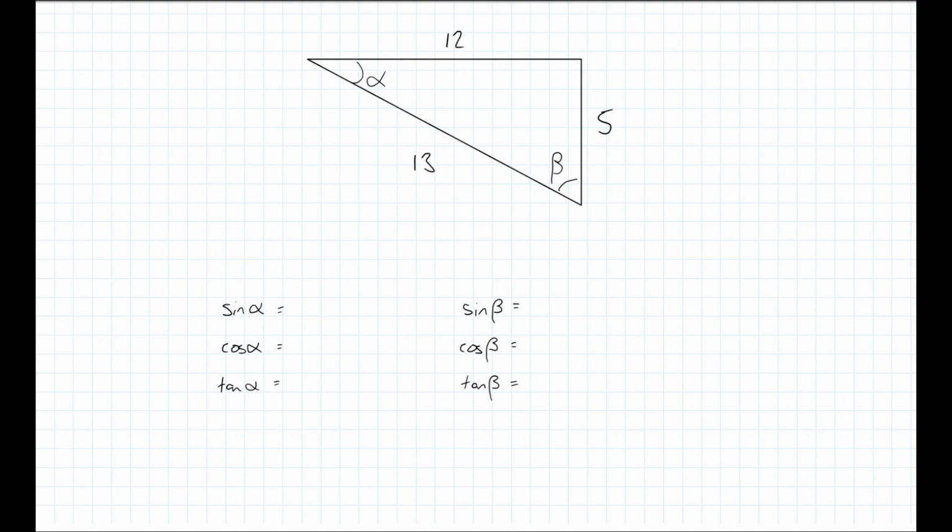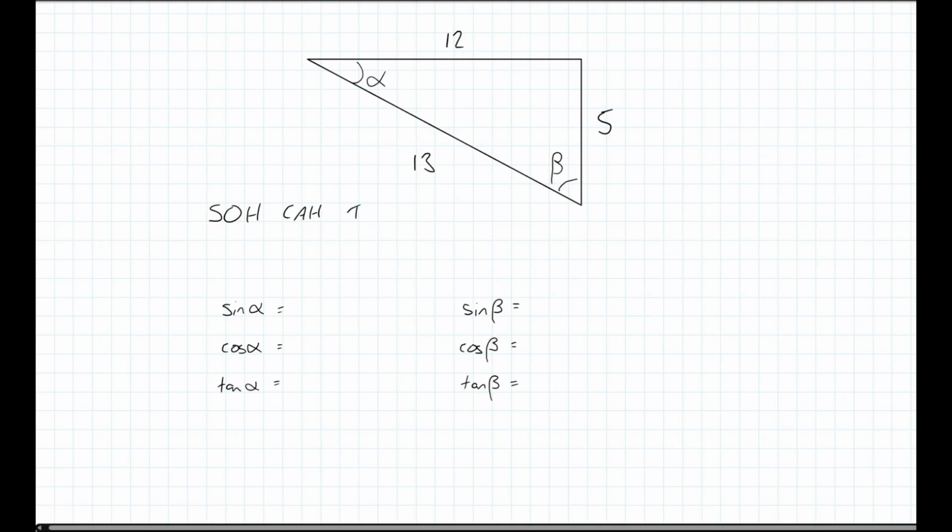If you're asked to find the sine, cosine, or tangent of an angle in a triangle, you're going to need to remember which ratio goes with which of those names. So we have this mnemonic called SOHCAHTOA. What this does is it lets you know which sides and in which order go with which ratio.